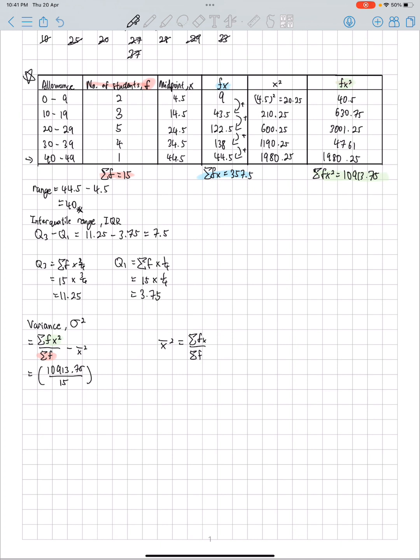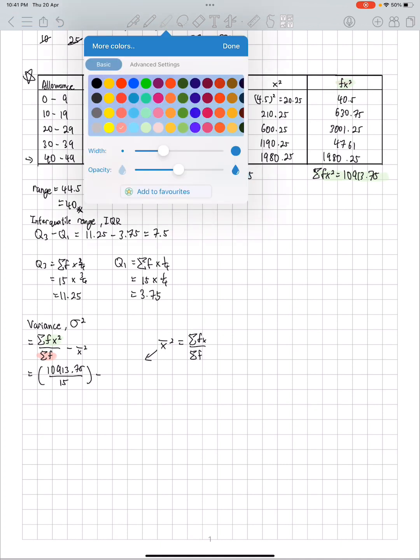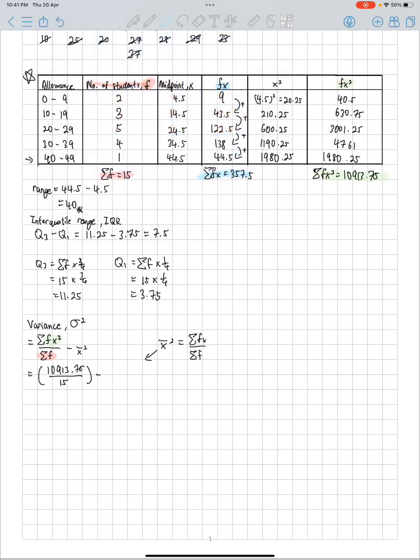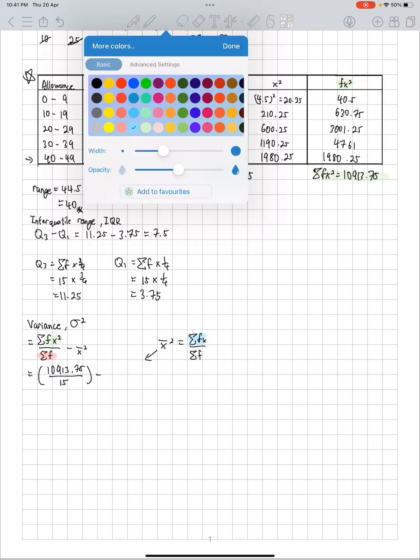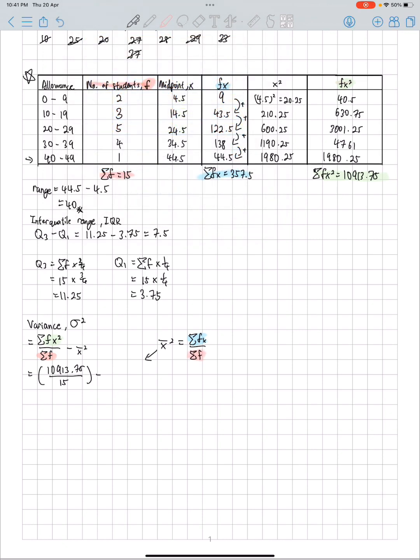From this we can know that, I highlight blue so you guys can see better. Okay, so that's why we do this for this column and this column.